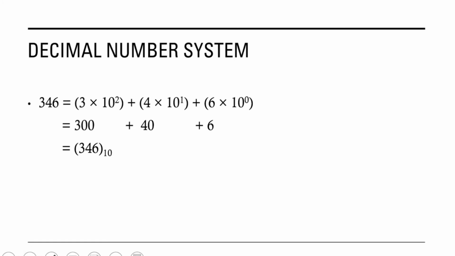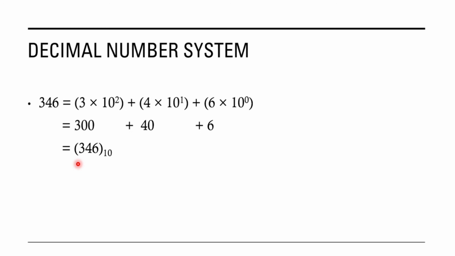As I already told you, the decimal number system is to the base 10. So the number 346 we usually write in the expanded form as 3 into 100 plus 4 into 10 plus 6 into 1. Since the decimal number system is to the base 10, 346 can be written as 3 into 10 raised to 2 plus 4 into 10 raised to 1 plus 6 into 10 raised to 0, which is nothing but 300 plus 40 plus 6, which gives 346.